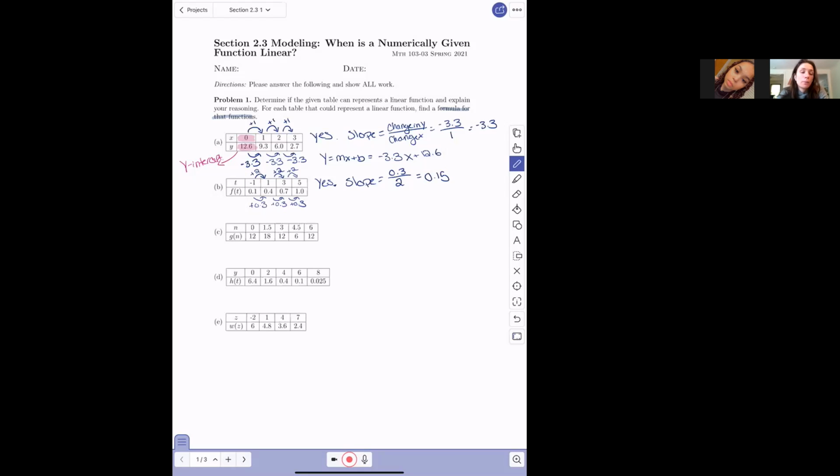Okay. So now we don't have our vertical intercept in the table, but we have plenty of points, so we could choose any point. Let's choose this point. We have y minus y1 equals m times x minus x1.